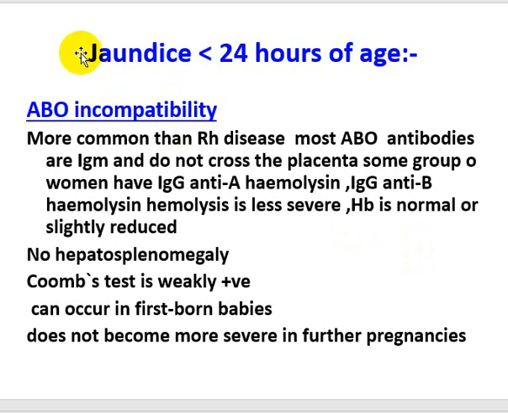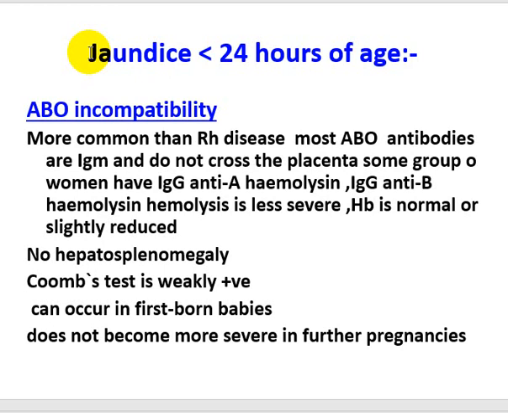There are other causes of jaundice that may occur in the first day of life. ABO incompatibility. The ABO incompatibility is more common than Rh disease. When the blood group of the mother is O positive and the baby is A or B, this problem can occur.